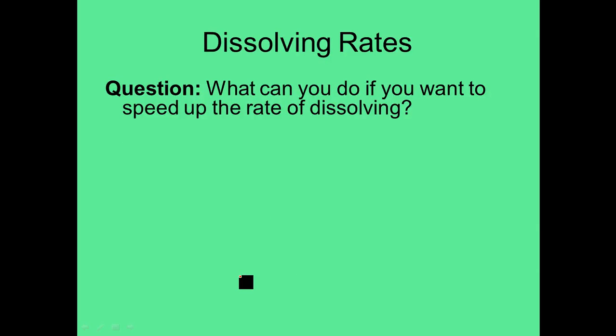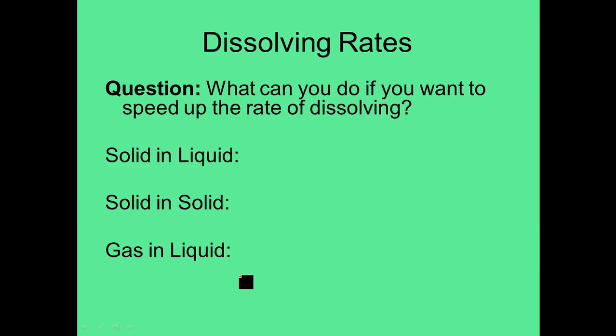Moving on, dissolving rates. What can you do if you want to speed up the rate of dissolving? We have three options: solid and liquid, solid and solid, gas and liquid. Here are your words. You need to take these words and write them next to your column.